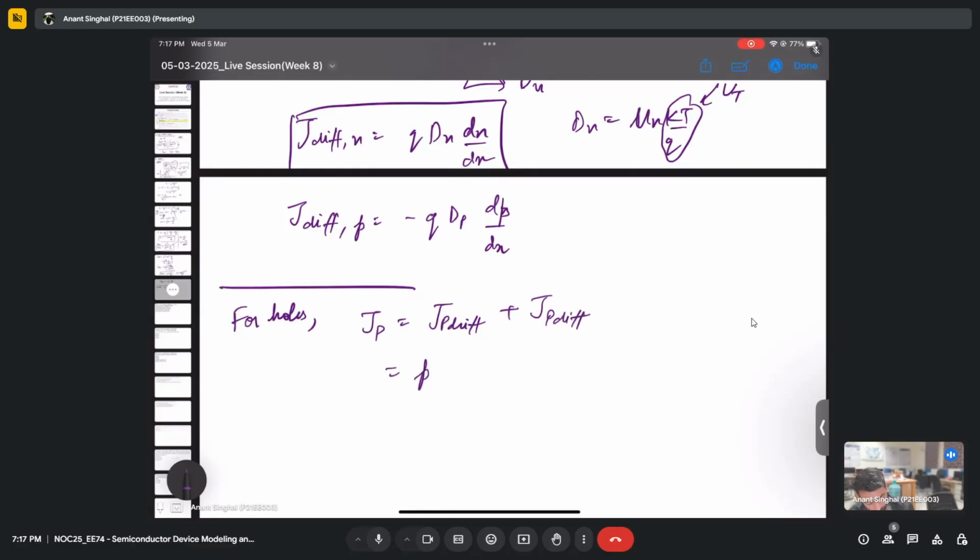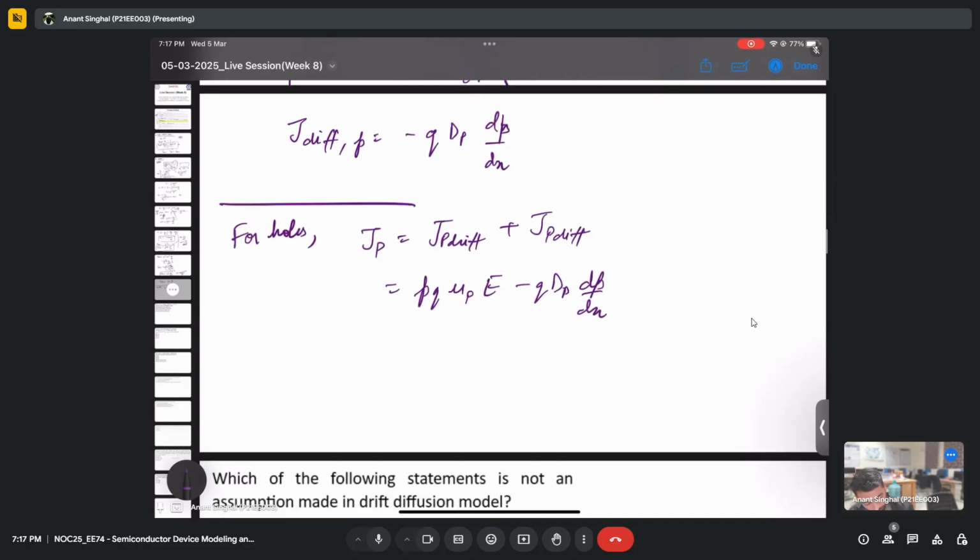So Jp is nothing but p q mu p times E, plus minus q Dp dp over dx. Similarly, for electrons, the Jn will come out to be, the first component n q mu n E, the second component q Dn dn over dx, and the total current density will be Jp plus Jn.